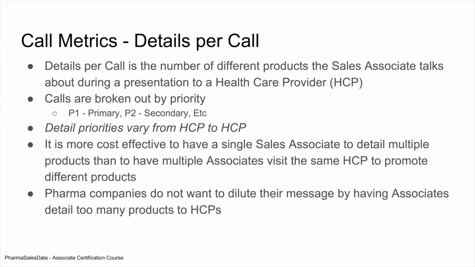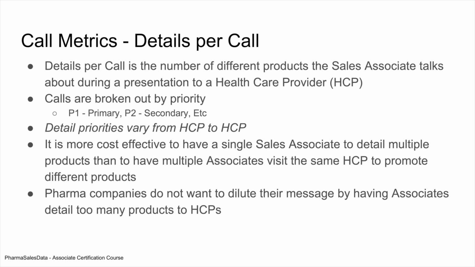Details per call is the number of different products an associate talks about during their presentation, what products are in their bag. Calls are broken up by priority, P1 primary, P2 secondary, etc. Detailed priorities vary from HCP to HCP, so you could have 2 healthcare providers and they each have a different P1 product in their call plan.